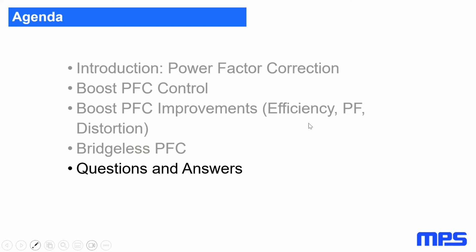Okay, thanks a lot. Next one is, is totem pole recommended at low power levels? Should I give the same answer again? This again is not a question of being recommended or not recommended. It's really what you're trying to achieve.